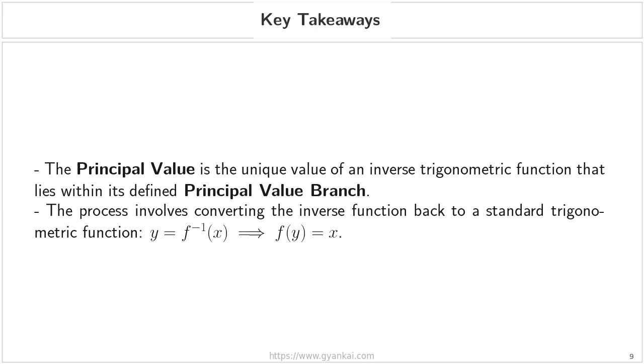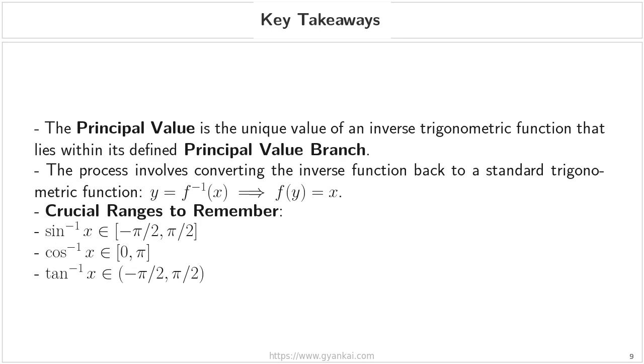Secondly, recall the step-by-step process we applied in our examples. To find this value, we convert the inverse function back into a standard trigonometric function. In other words, if y equals the inverse function of x, then the function of y equals x. This conversion is the foundation for solving these problems.